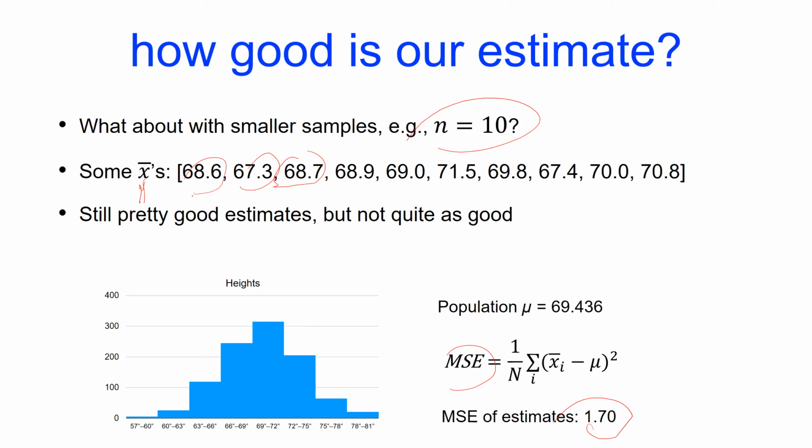If I take my sample to be this group of people, I get a measure. Then if I say I'm very lazy and each time I only sample 3 people and take that average, of course that average deviates much more from the population average.